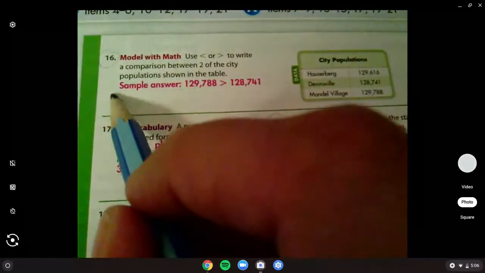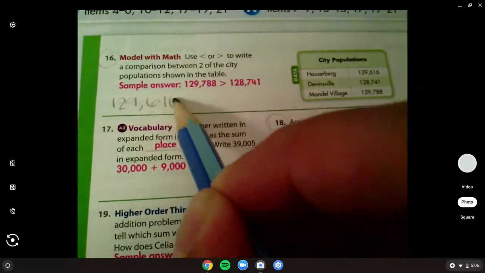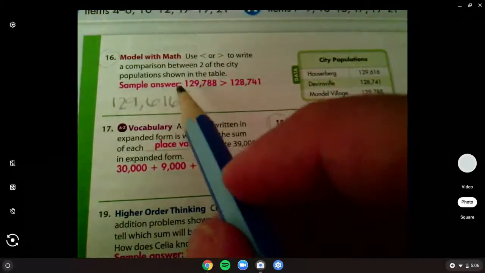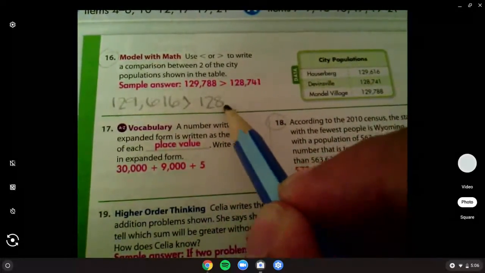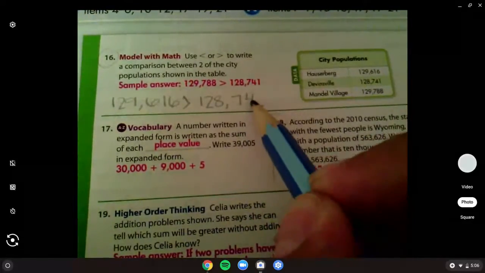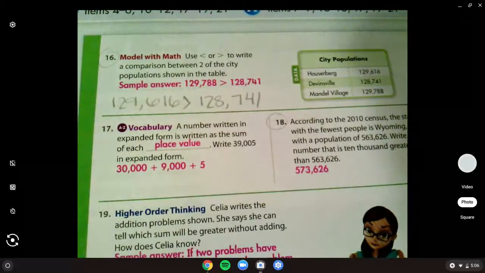Another one we could do is 129,616 is greater than 128,741. And I know there's more too. If you're really wondering, you can let Mrs. Wells know, okay? All right, so that was 16.